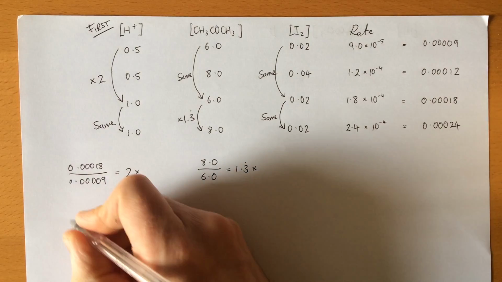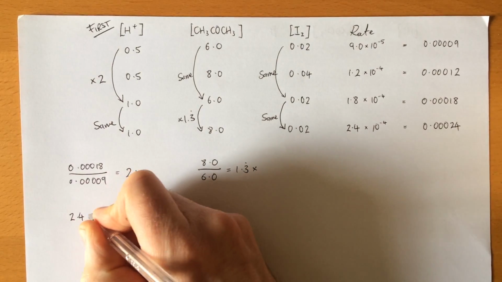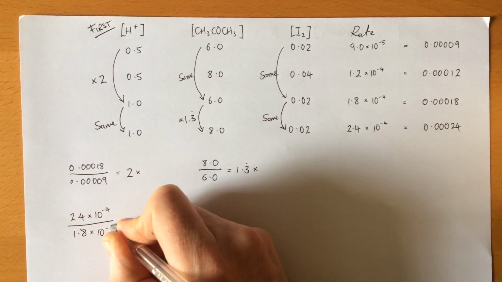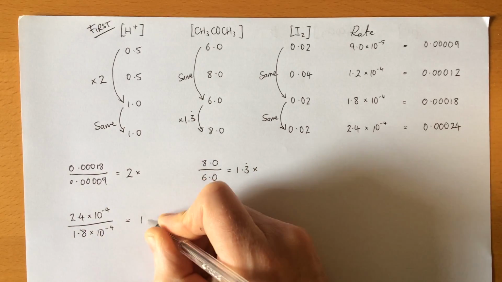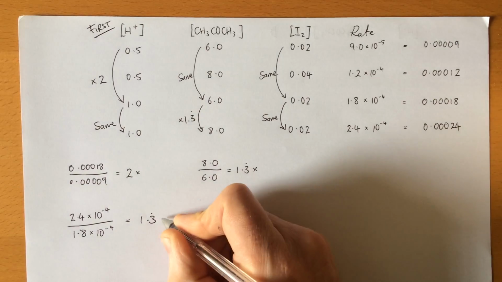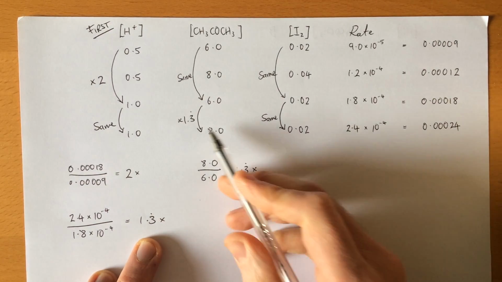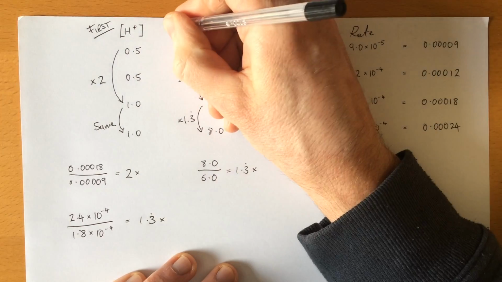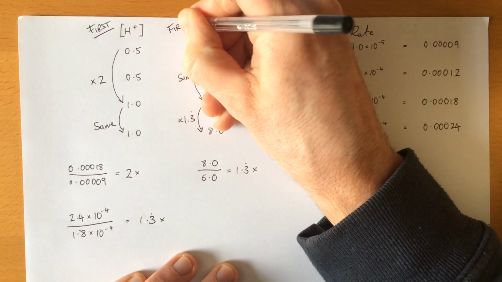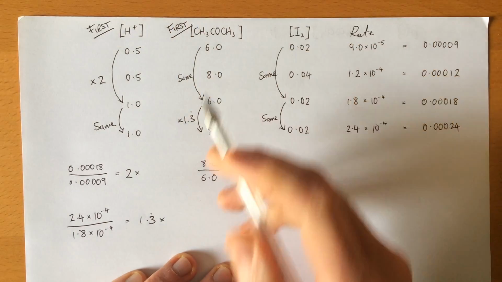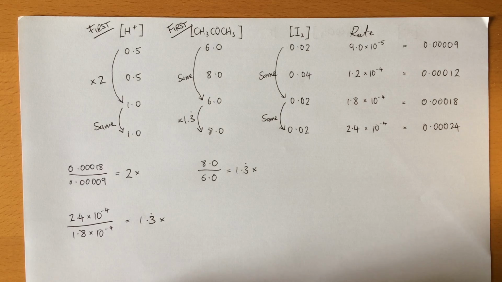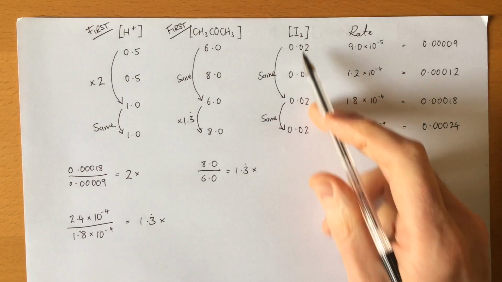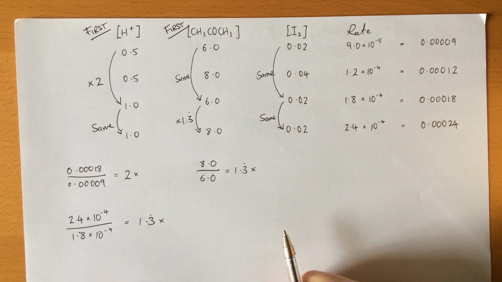Well, let's do this one in standard form. 2.4 times 10 to the minus 4 divided by 1.8 times 10 to the minus 4. That's 1.3 recurring. So the rate has increased by a factor of 1.3 recurring as the concentration is increased by a factor of 1.3. So we can conclude from that that the order with respect to the propanone is also first order.